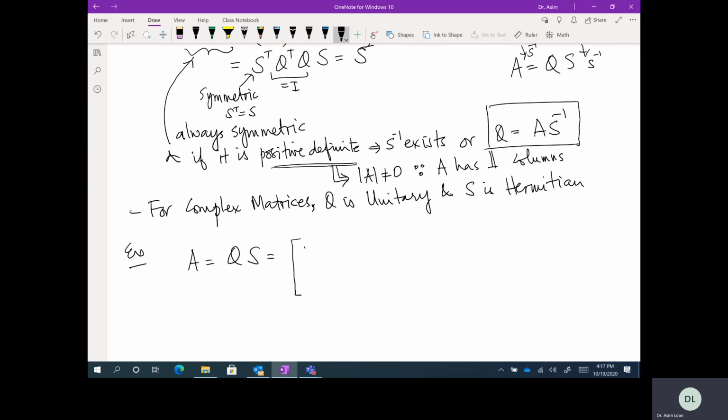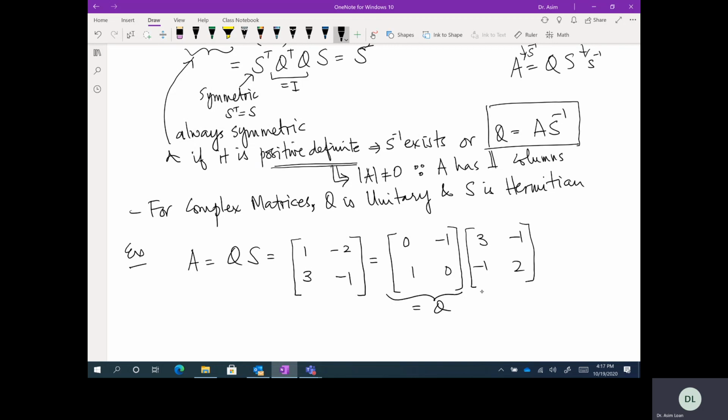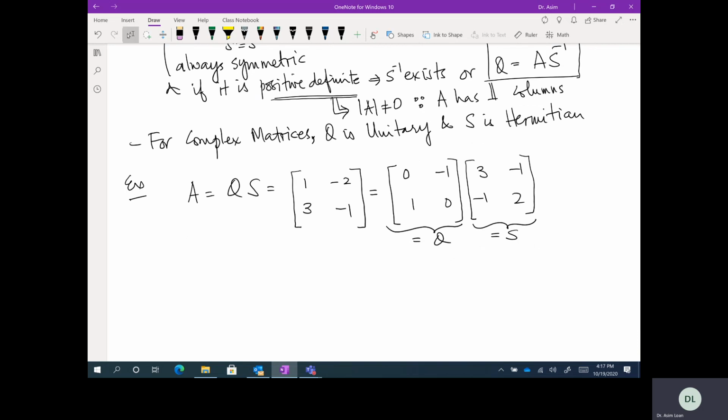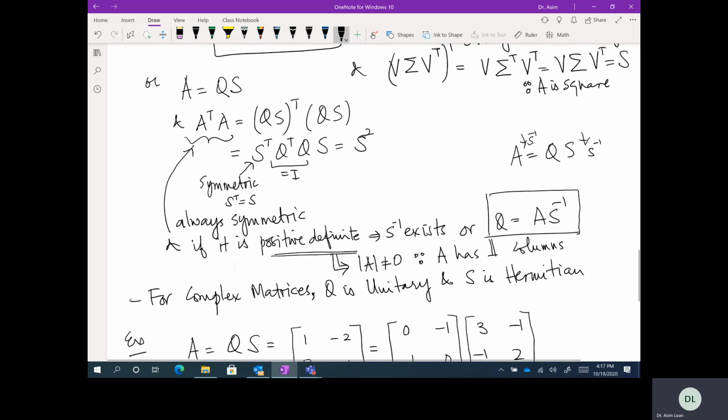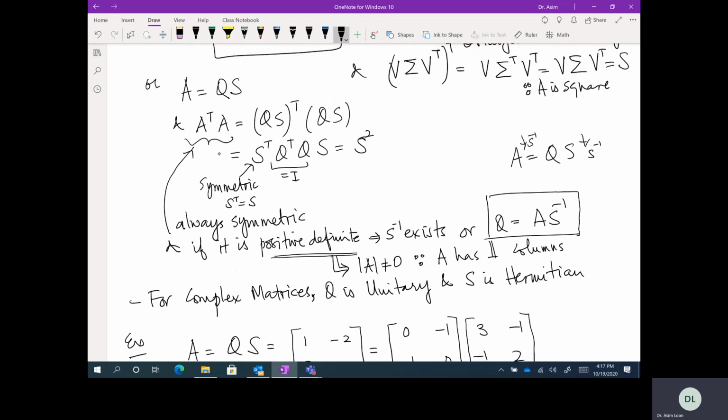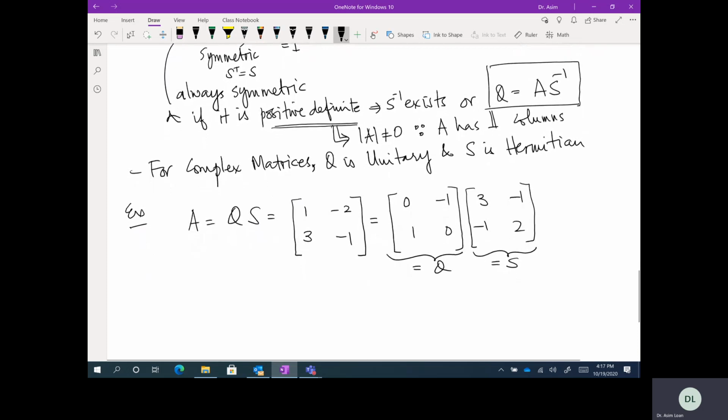So let's say A is [1, -2; 3, -1], and my claim is this is equal to [0, -1; 1, 0], which is obviously orthogonal, this is Q, and then [3, -1; -1, 2]. Obviously this is symmetric because the off diagonal elements are the same. So go home and see whether you can derive this relationship. We can also write, instead of A transpose A, another form.